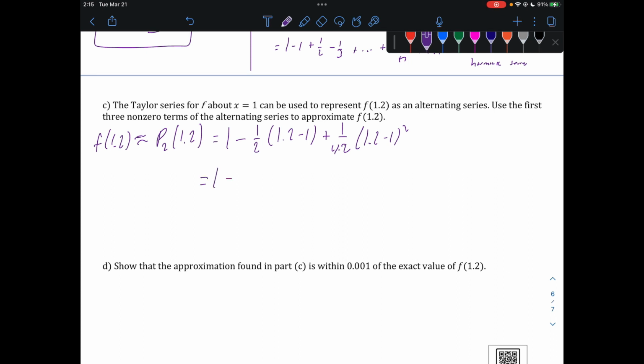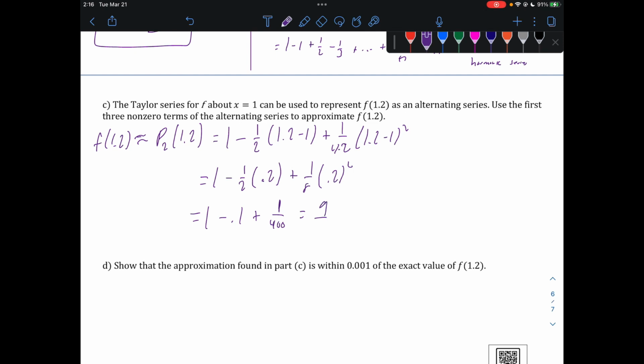So 1 minus 1/2 times 0.2 plus 1/8 times 0.2 squared. So that's 1 minus 0.1 plus 0.2 squared. So it's 1/5 times 1/5, which is 1/25 over 1/8. I think that would be 1 over 400. So 1 minus 0.1 is 0.9 or 9/10.